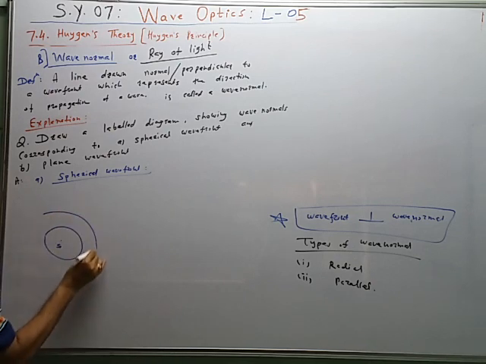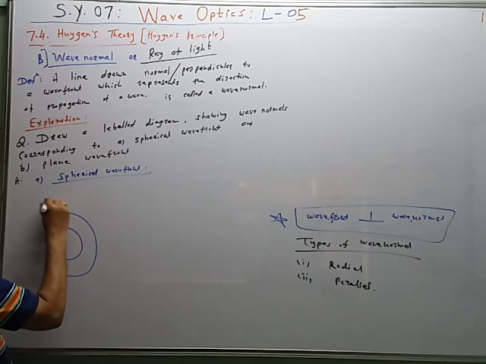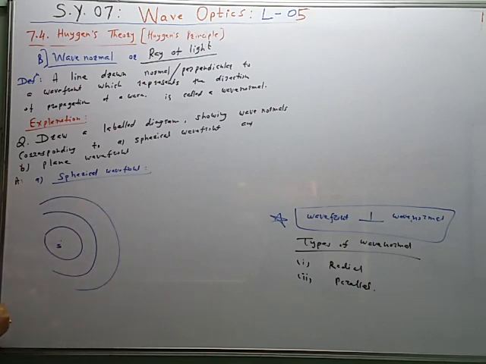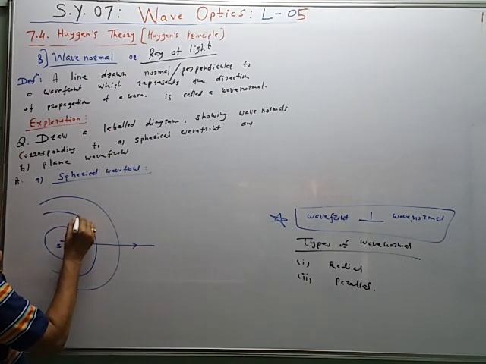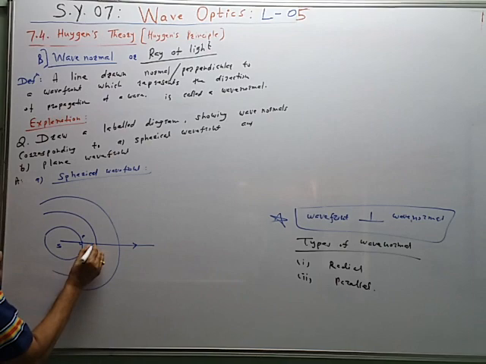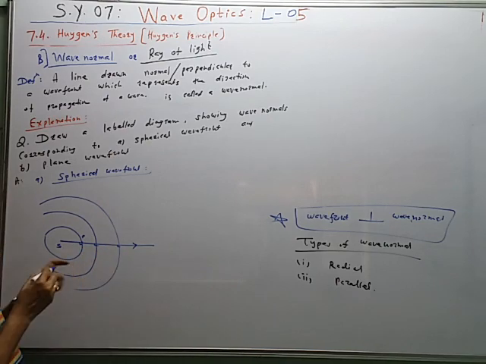This is another spherical wavefront at a later time. This is the new spherical wavefront, like this. So now at this point, if we take the point P on the first, then SP is one wave normal. This angle is 90 degrees, this angle is 90 degrees, this angle is 90 degrees.